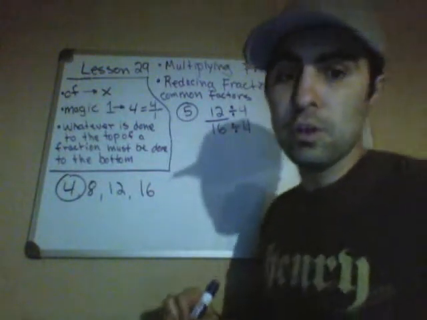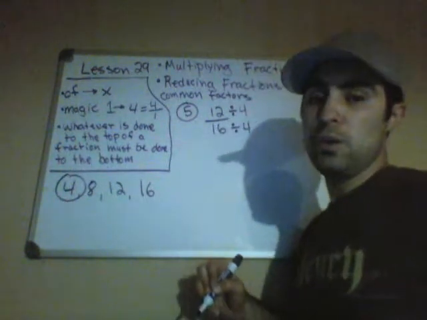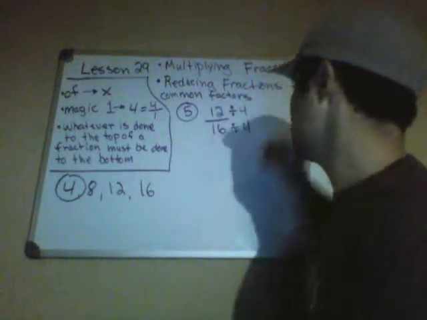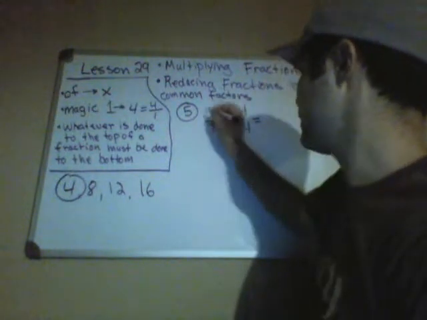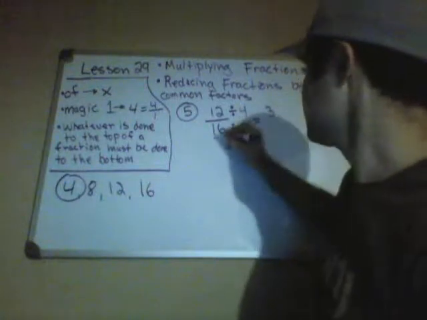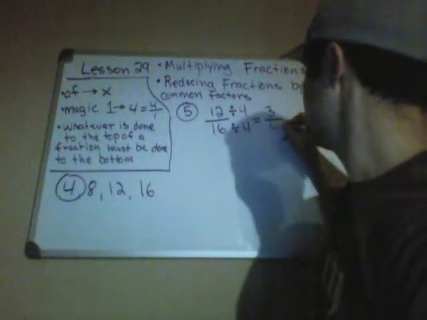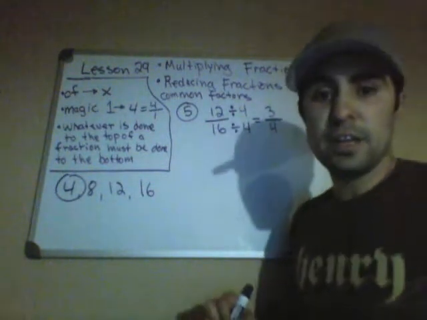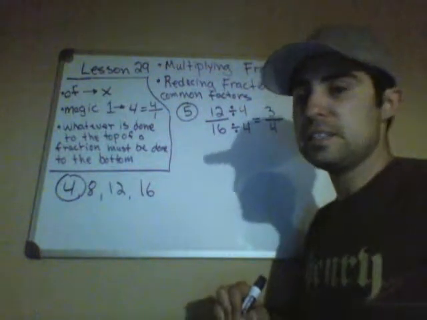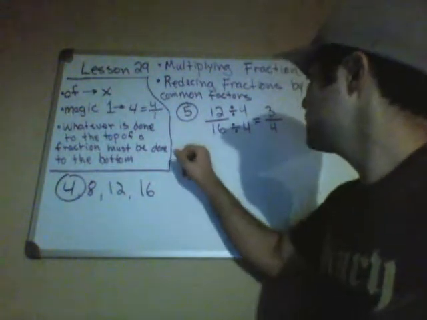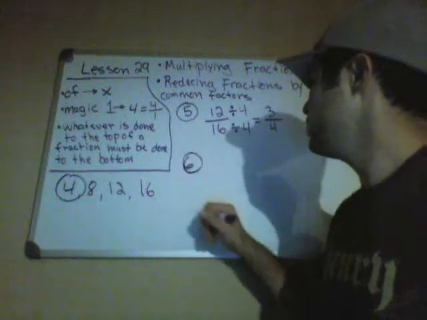That is a rule. You can always use that rule. Whatever is done to the top has to be done to the bottom when you're talking fractions. 12 divided by 4 is 3. 16 divided by 4 is 4. Okay, so 12/16 reduces to 3/4.